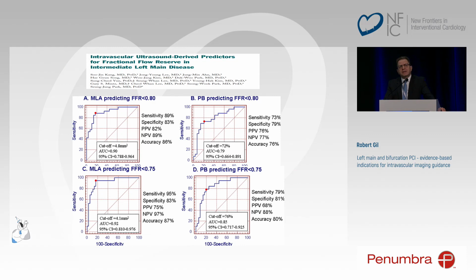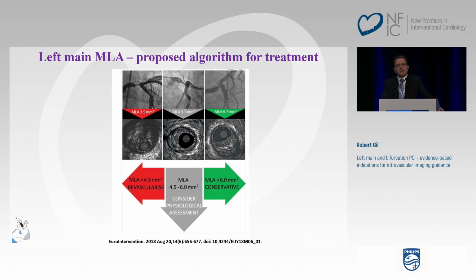But we should take into consideration that in Asian populations, which are smaller, this cross-section area is lower, up to 4.8 square millimeters.